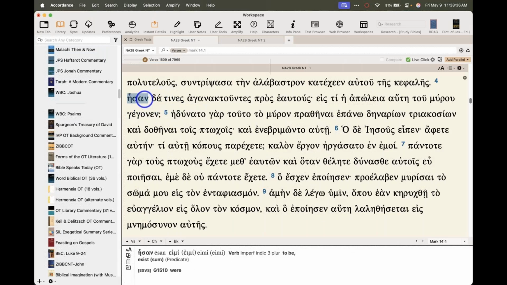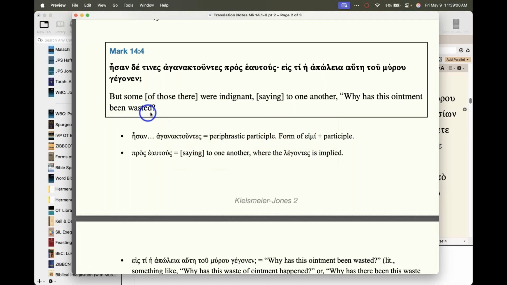But some were indignant to themselves. We're going to have to come back to this. Why this waste of ointment, or oil, just follow your translation from before, happen? Why did this waste of ointment happen?